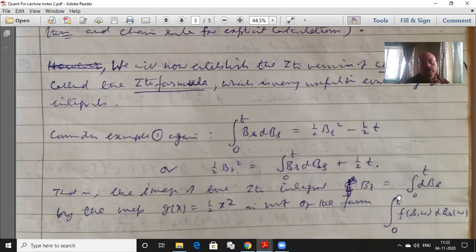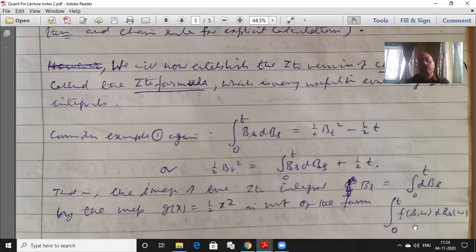So now what do I do? I use a function half x squared. I apply this half x squared function on the left hand side. So I get half B_t squared. So it's a transformation on the left hand side. What happens to the right hand side? What happens to the right hand side is slightly different from what would happen in a Riemann integration situation. Because when I use the same transformation on the right hand side, the transformed integral is not only a dB integral.